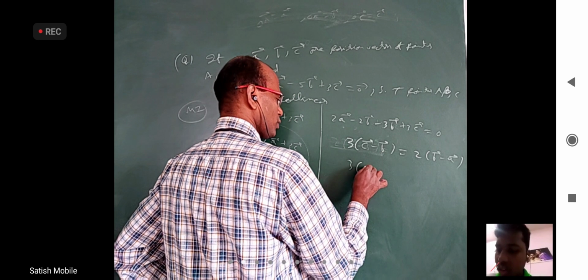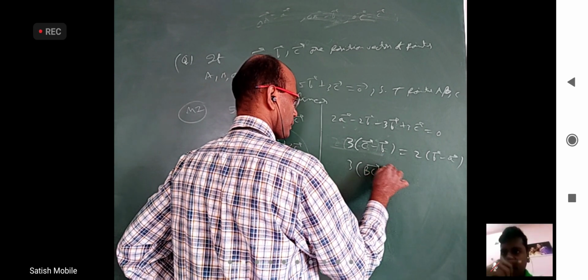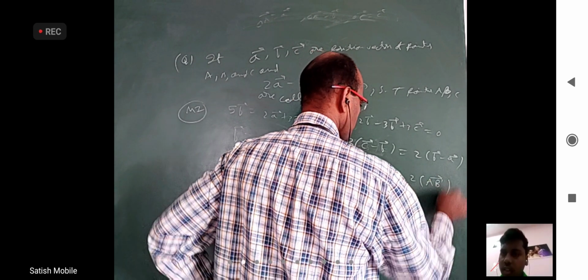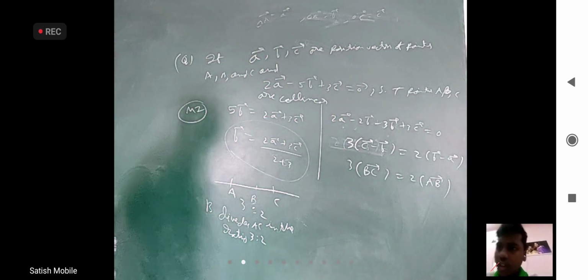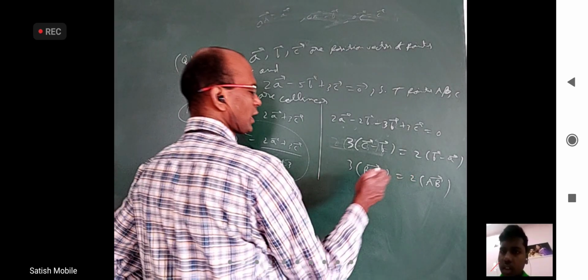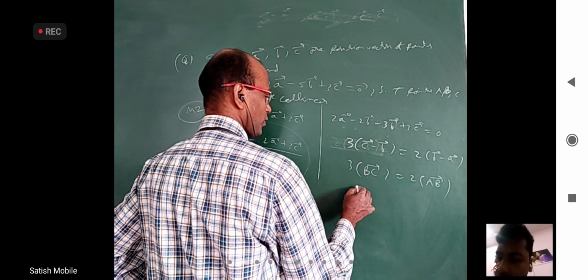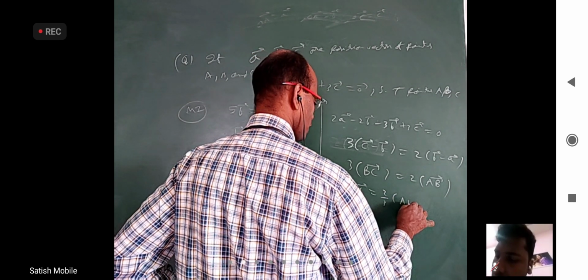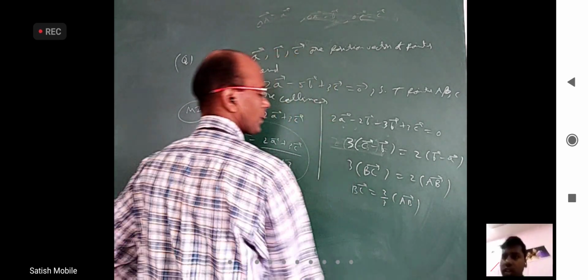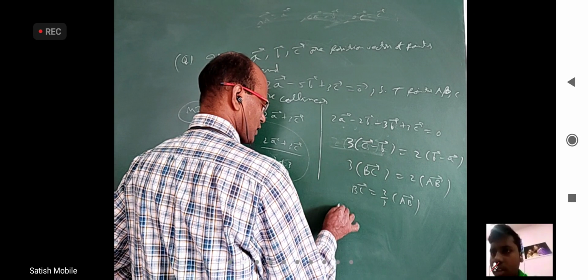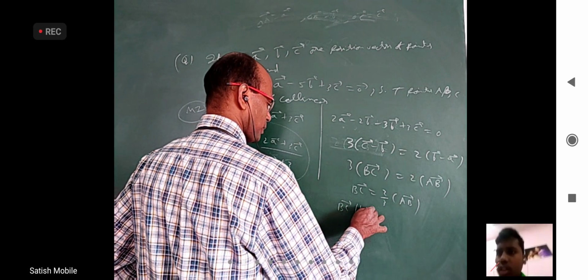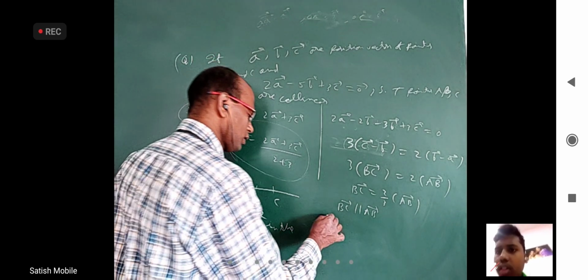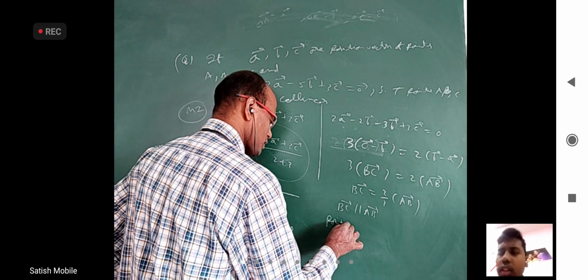OC minus OB is BC bar. OB minus OA is AB bar. Okay. So I am able to write one vector as a scalar multiple of other. So I am able to write BC bar as 2/3 of AB bar. That itself tells you that BC bar is parallel to AB bar. Because BC and AB are parallel, points A, B, C are collinear.